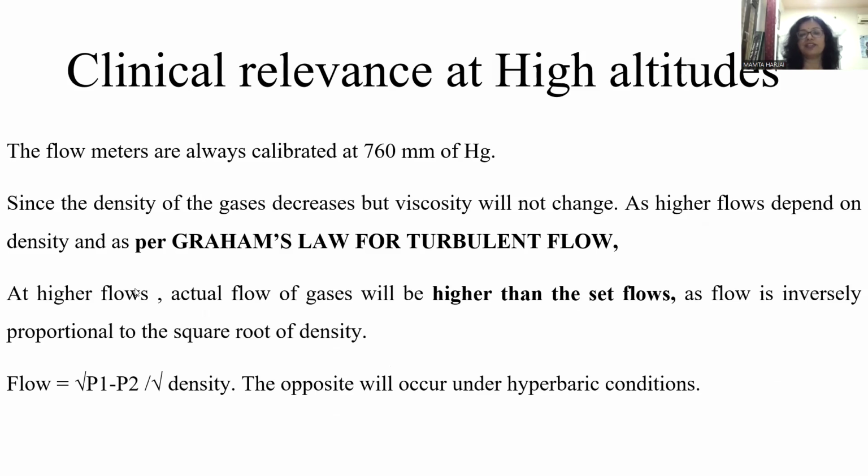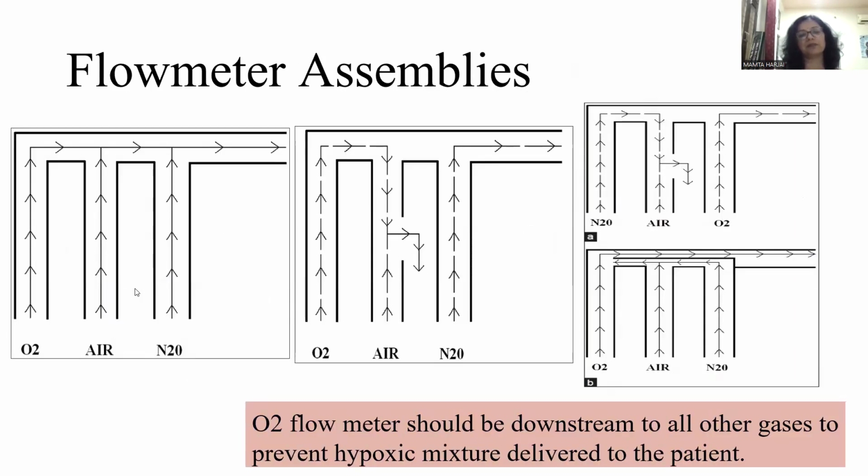At high altitude, the density is less. So the actual flow of gases will be higher than the set flows, because the flow is inversely proportional to the density. Whatever flow rate we are setting, at higher altitudes the flow rate being delivered is higher than the set values. And the opposite will occur under hyperbaric conditions.